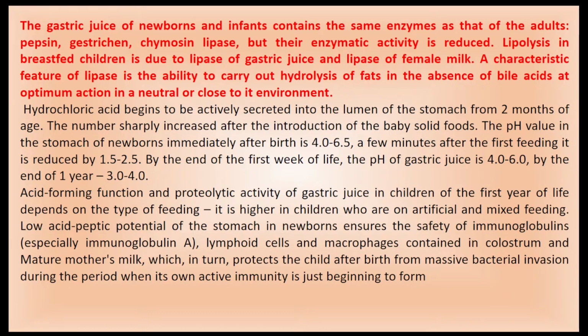A few minutes after the first feeding, it's reduced to 1.5 to 2.5. By the end of the first week of life, the pH of gastric juice is 4 to 6. By the end of the first year of life, 3 to 4.